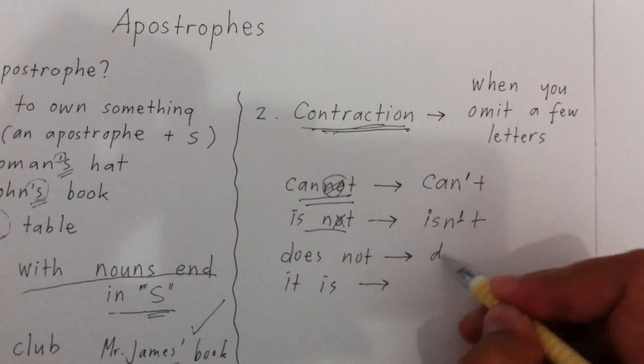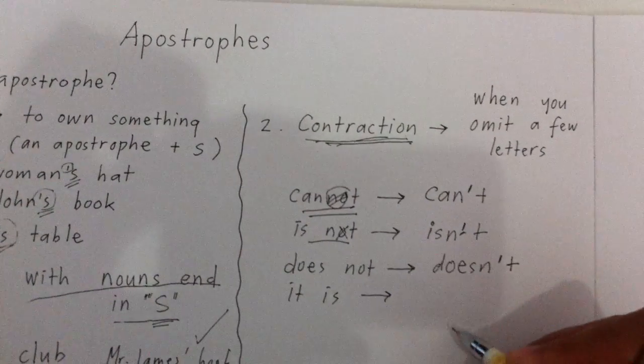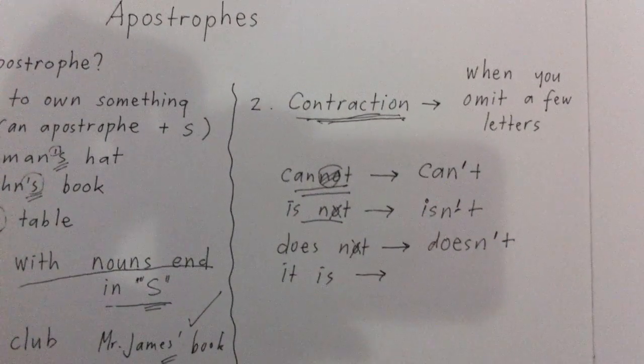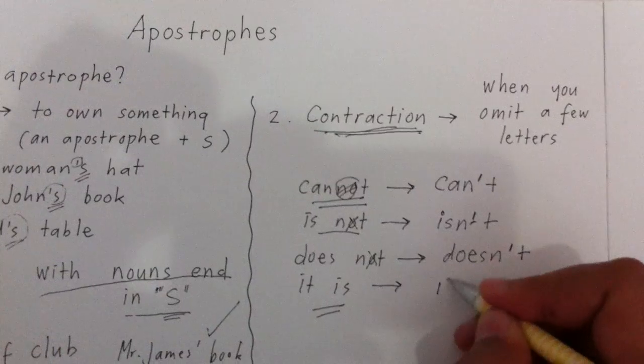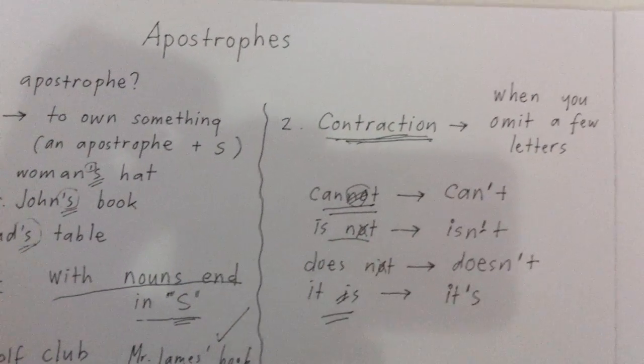Does not, you have doesn't, with an apostrophe and T, omitting the O. Okay. It is, you have it's with an apostrophe.